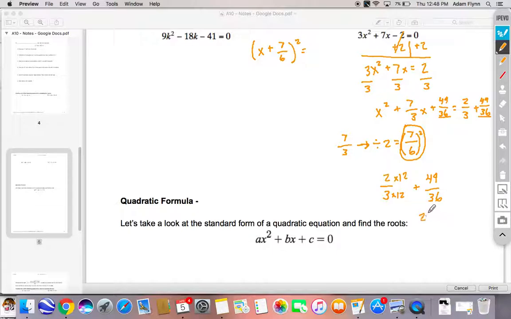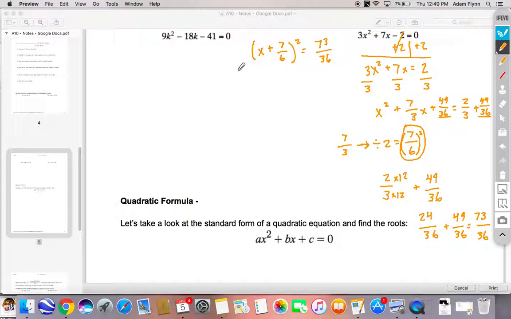So I get 24 over 36 plus 49 over 36, which equals 73 over 36. Okay, so I'll write that on this side of my equal sign.